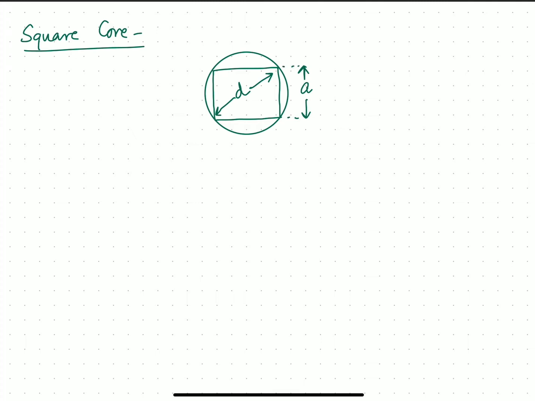So what is the gross core area AGI for the square core? It is a times a, isn't it? Where a is the side of the square. Now d is the diagonal. You know from Pythagoras theorem that this diagonal d is root 2 times a.